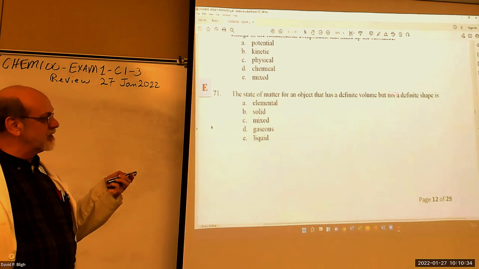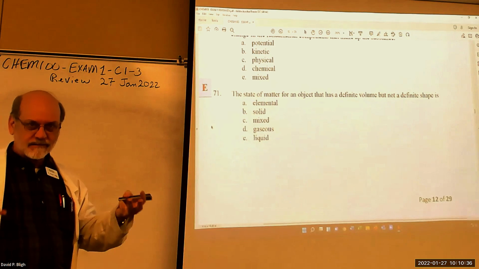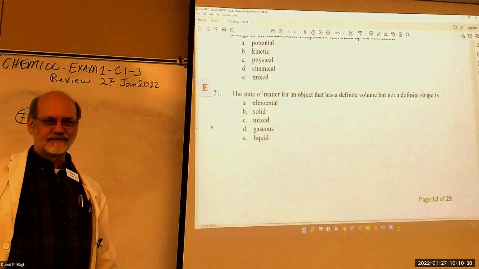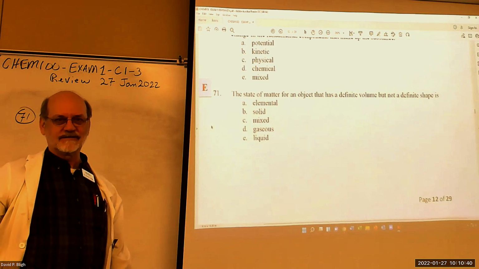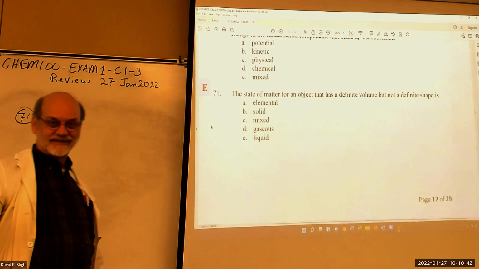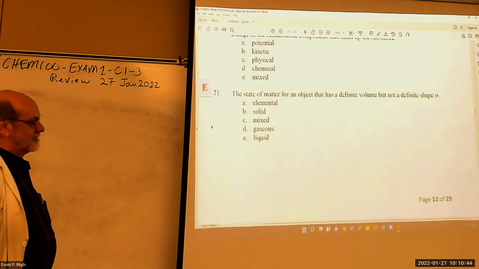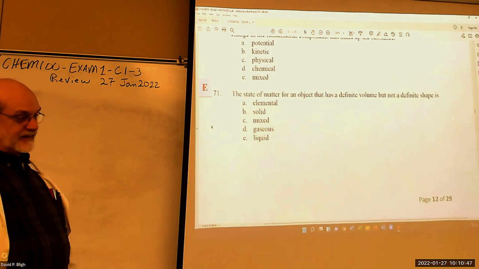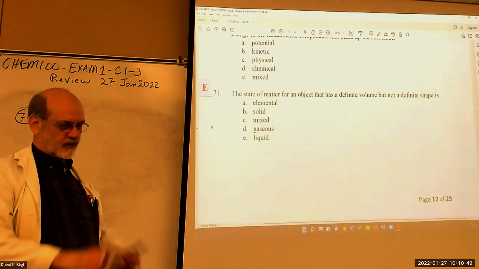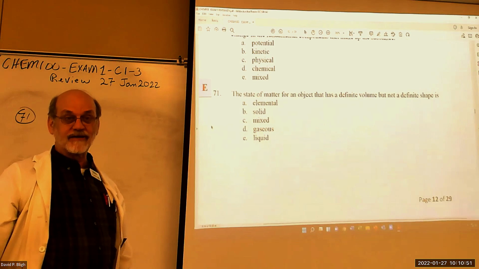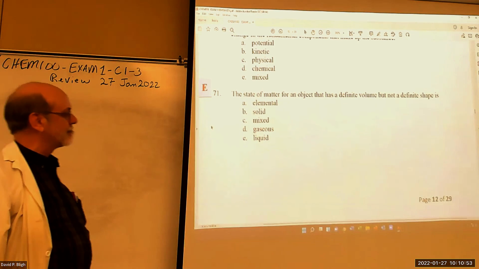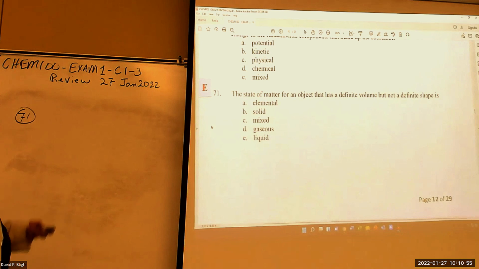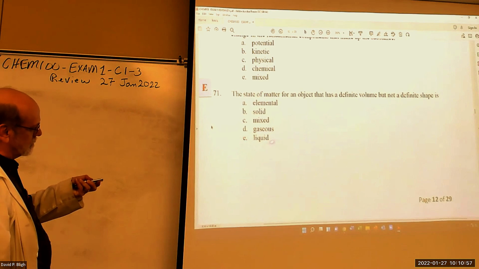A definite volume and no definite shape is not a trick question. It's a liquid. How do you know? Well, if you pour a liquid out on the table, it's just going to go everywhere. So that's why the answer is here.